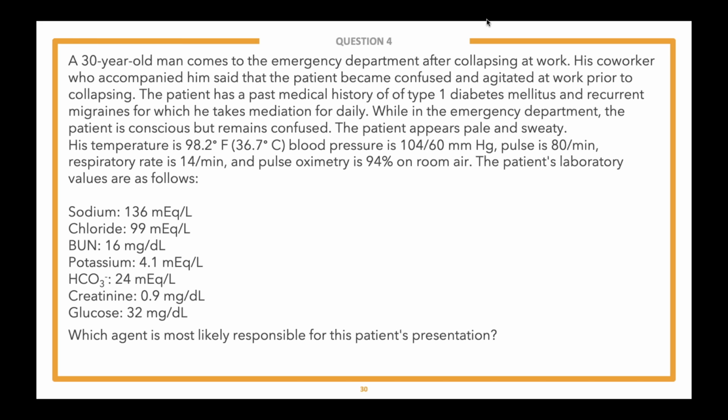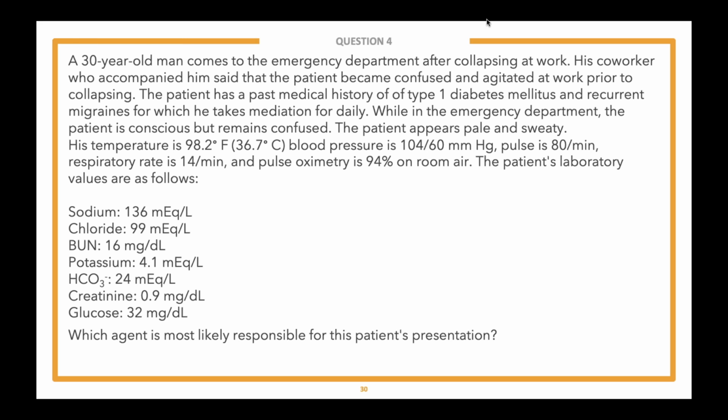With that, let's go ahead and read that vignette. A 30-year-old man comes to the emergency department after collapsing at work. His coworker who accompanied him said that the patient became confused and agitated at work prior to collapsing. The patient has a past medical history of type 1 diabetes mellitus and recurrent migraines for which he takes medication daily.